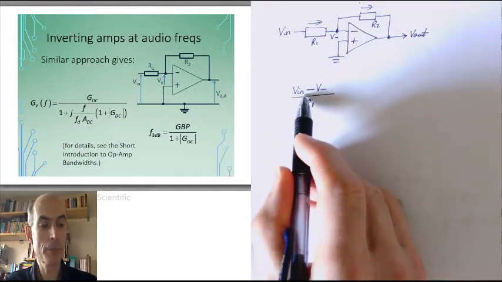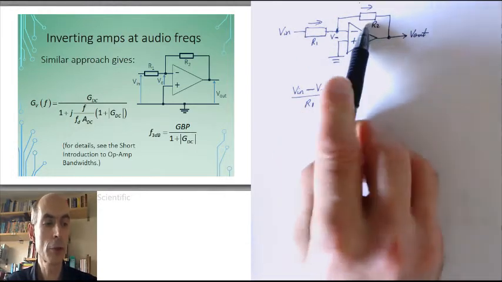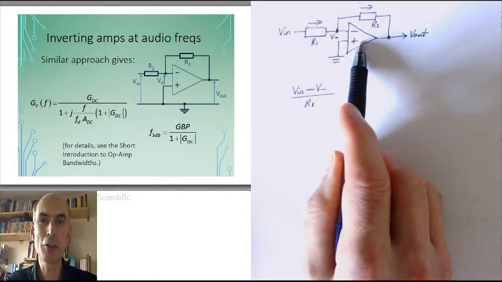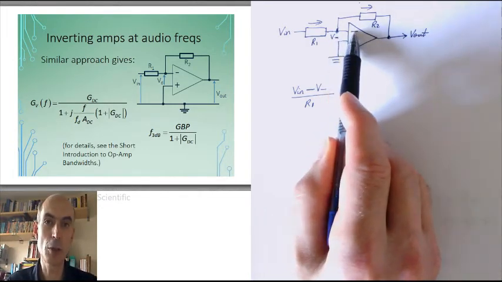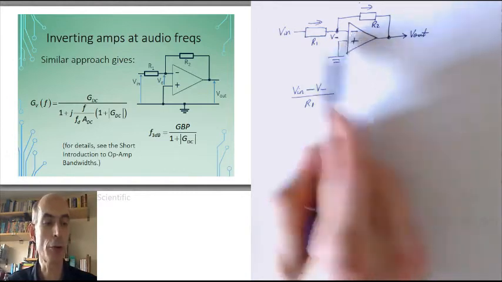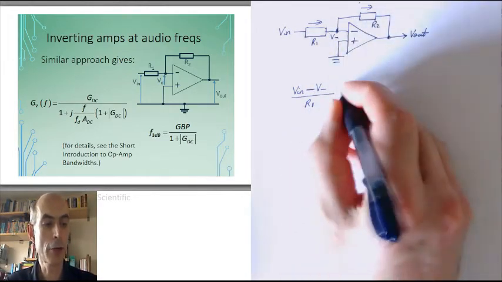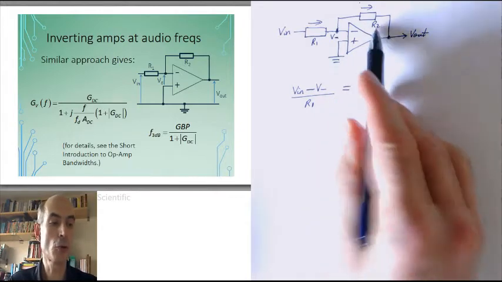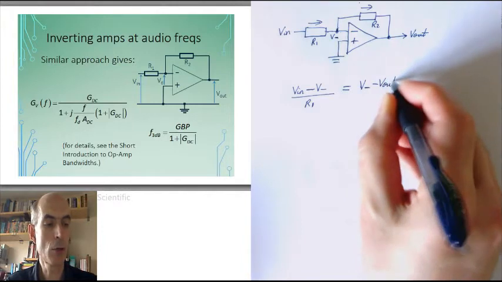This current has got to be equal to the current flowing through R2 as well, because we're still assuming that the op-amp is ideal in the sense that there are no input currents flowing into its inputs. So the current through R1 must be the current through R2, and by Ohm's law that will be V minus minus V out over R2.